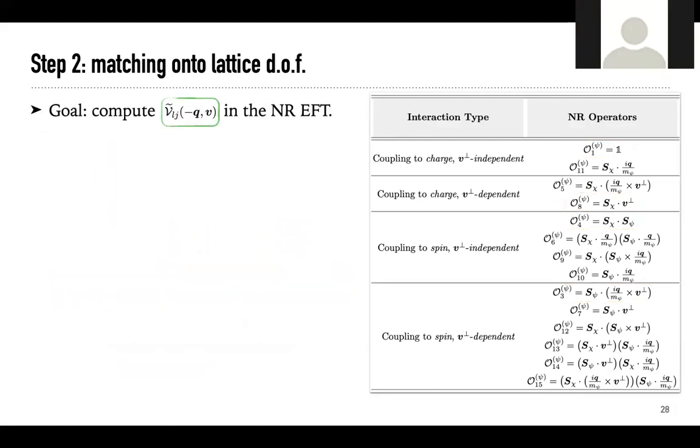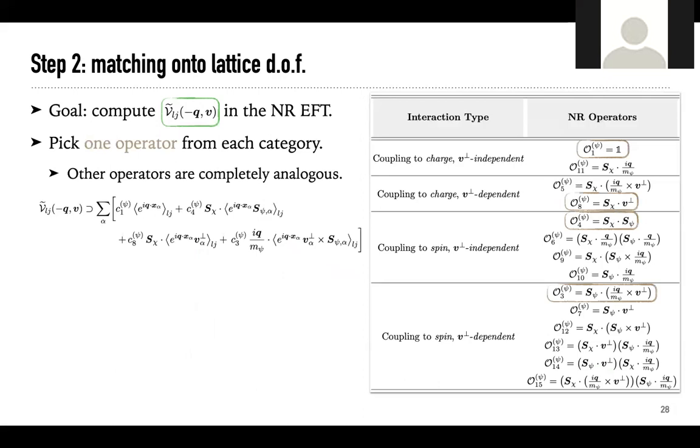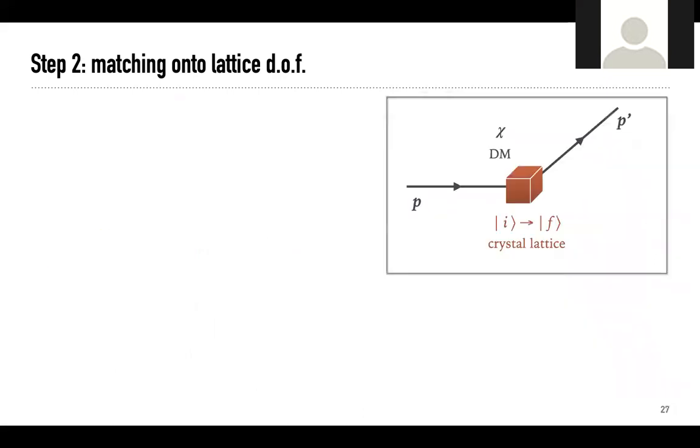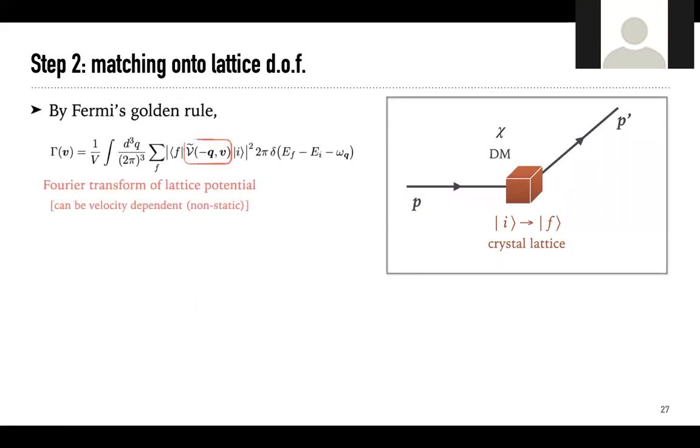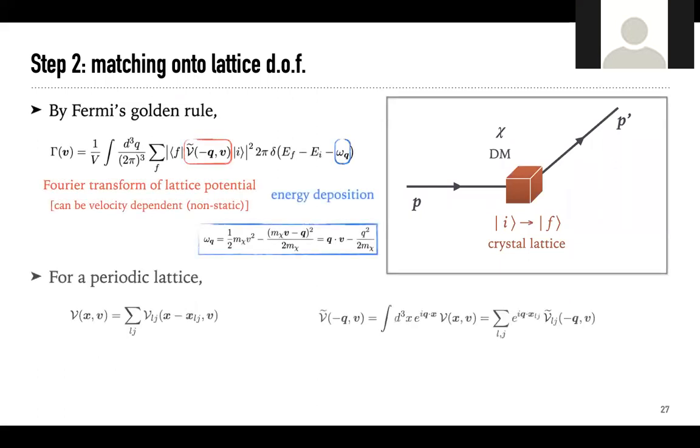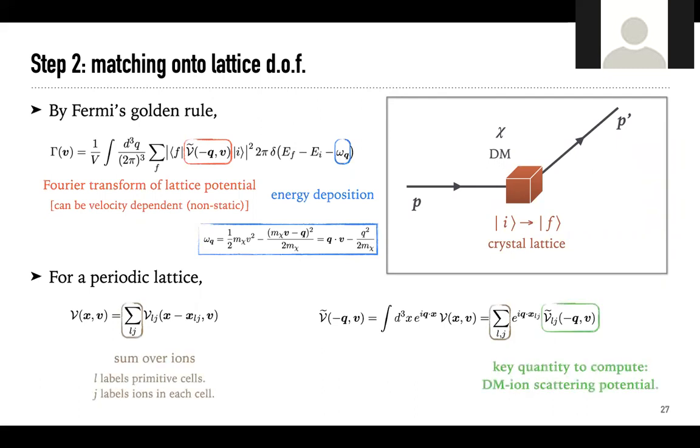Sorry, I just had to go away from my computer for a minute, so I think I might have missed something. Could you go to the previous slide? So how you're setting things up. Okay, so you're setting things up with this scattering potential. Right, okay.